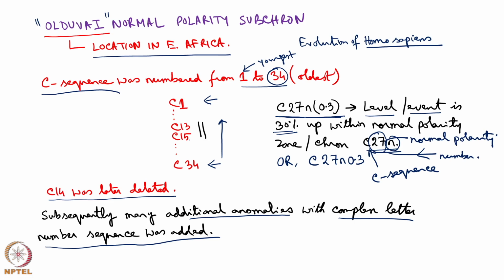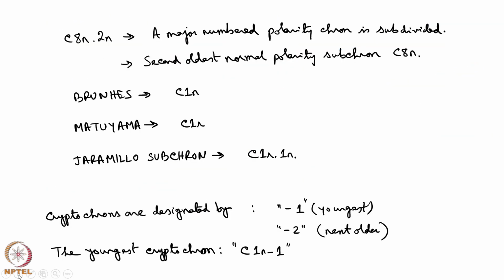This C27N and within bracket 0.3, sometimes these brackets are excluded and it is written as C27N.3. This 0.3 is used in the sense of 30%. There can be another way of writing C27N30, and here 30 will mean straightaway 30%.